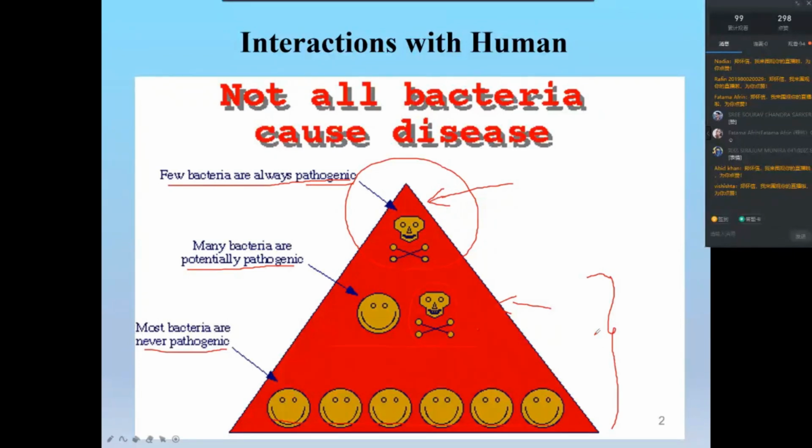But once they cause infection, the condition might be critical. So now, in the subject of medical microbiology, we are expanding our material much more than before. We are not only focusing on the pathogens, we are also studying the microbiota and the one in the middle, the opportunistic pathogens.